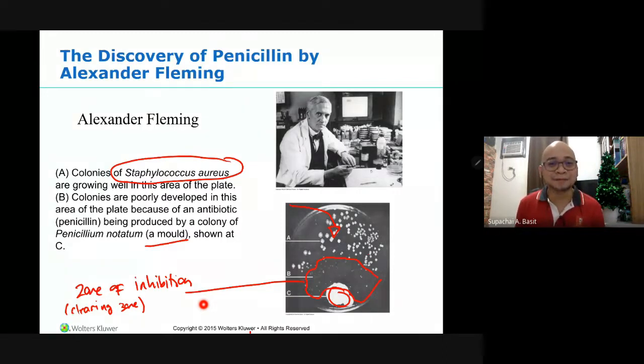And in time for the casualties of World War, so many soldiers were actually saved by the wonders of Alexander Fleming's penicillin. So that's how useful his discovery was. The sad thing about penicillin right now is antibiotic resistance. More and more bacteria have become resistant to the original penicillin that was discovered by Alexander Fleming.